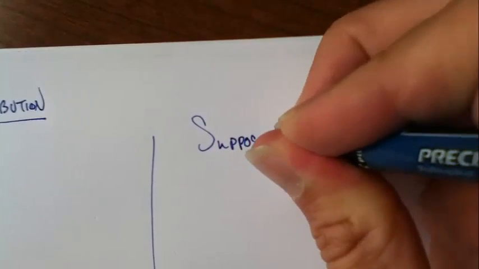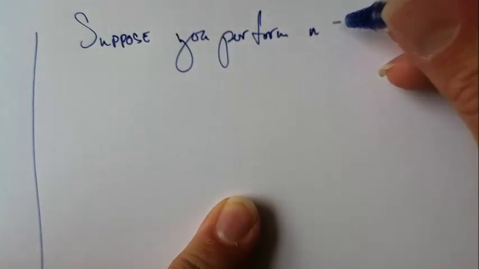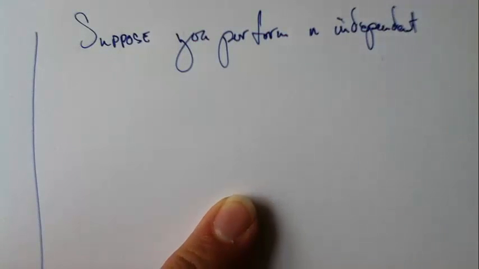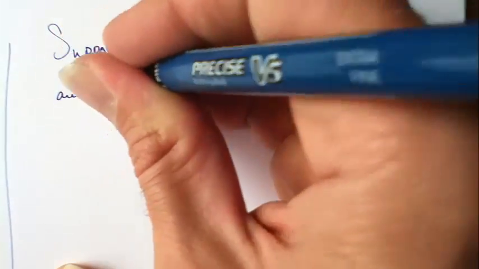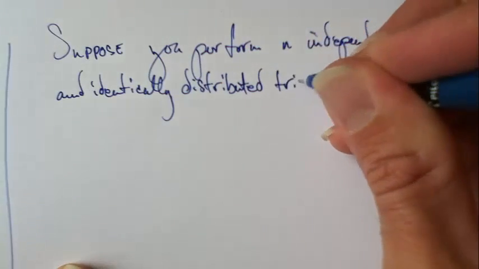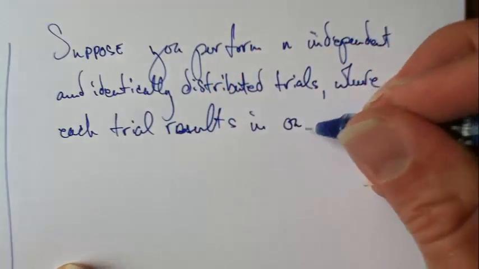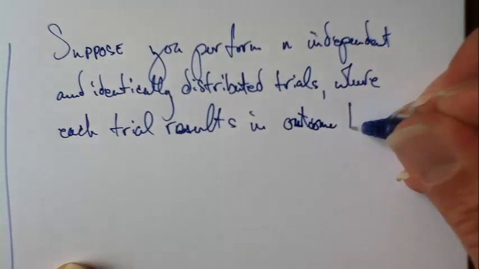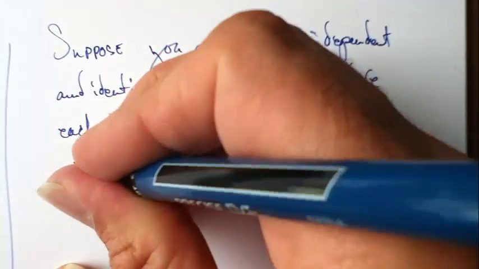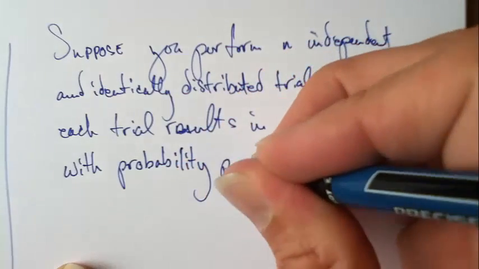Suppose that you have, in general, suppose you perform n independent and identically distributed trials where each trial results in outcome k with probability p sub k.